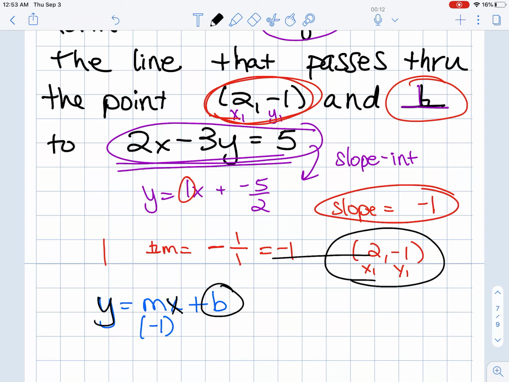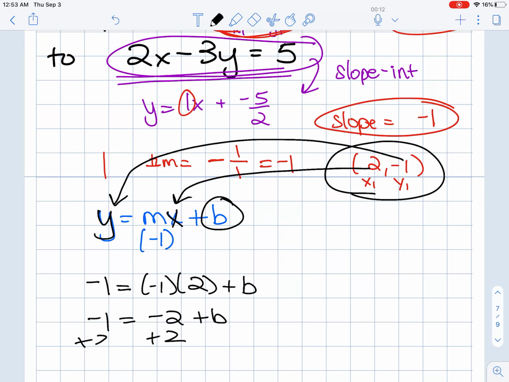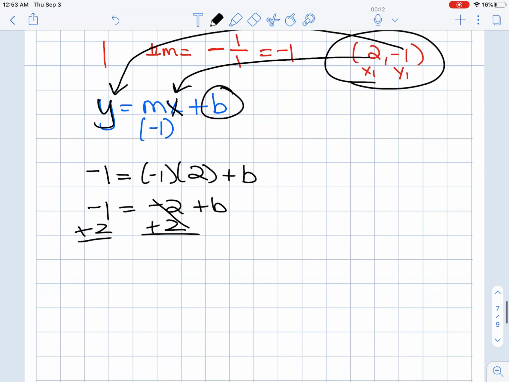And we're going to plug this in for x, and we're going to plug this in for y so that we can solve b. So here we go, our y value is negative 1, m is negative 1, x is 2, and we're looking for b. So we go negative 1 equals negative 2 plus b. Solve for b by adding 2 to both sides, and we get positive 1 equals b.